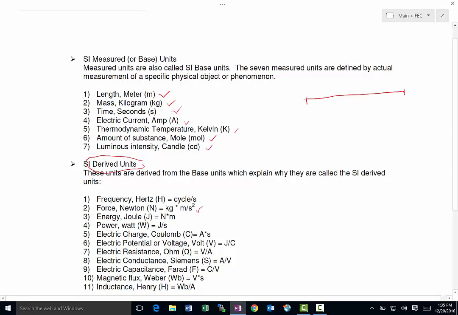In electrical engineering, we will run into frequency, which is cycles per second, commonly referred to as hertz. We run into force, which is Newton. Joules and watts are pretty important for us, and they are related. If you notice, joules per second, or energy per second, becomes a watt. Another way to think about this is that joule is watt times second.